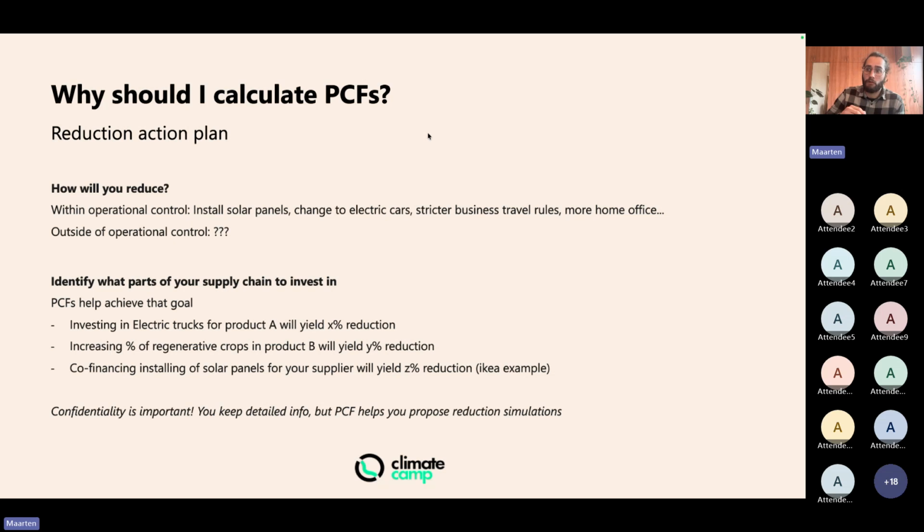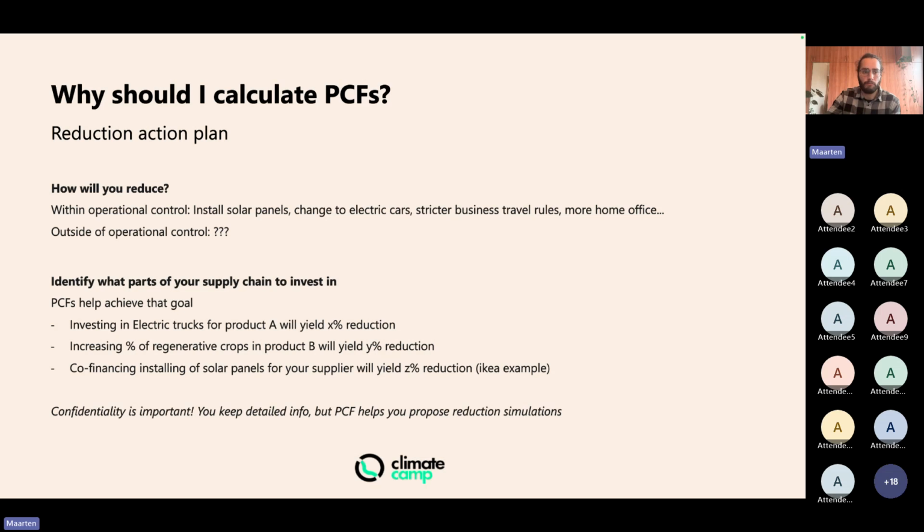The last element for why you should calculate PCF is to form a reduction action plan. Now, I've spoken to many sustainability managers, and obviously the topic of reduction often comes up, not just carbon accounting, not just calculation. And a lot of companies are already on track with everything within operational control, making investments to install solar panels for scope 1, change to electric cars, make stricter business travel rules, etc., because it is within their operational control.